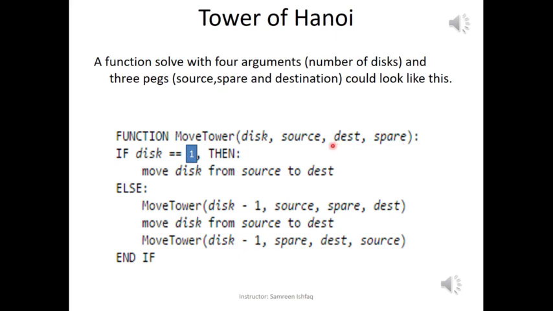It doesn't matter what is written at the time of calling the function or at the receiving end. Always remember that the first argument will always be the number of disks. The second argument will always be the source, doesn't matter if A is passed, B is passed, destination is passed, or spare is passed. The third argument will be the destination, and the fourth will be the spare.